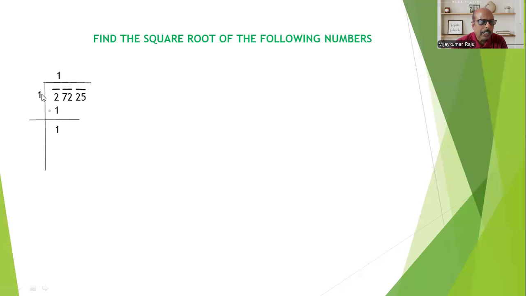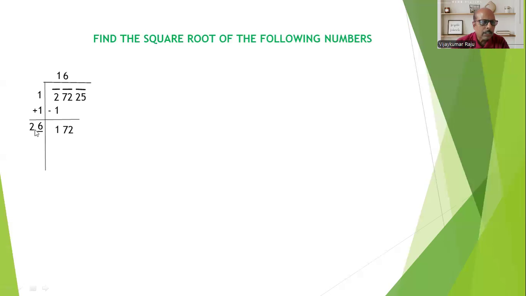Bring the next. Add 1 again. 2. Bring the next pair down. 72. Your dividend is 172. 2 here, if I put here, 20 in 20s it will be 21, 22, 23, whatever you take, so that it should be closer to this 172.